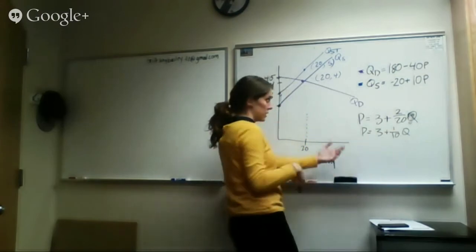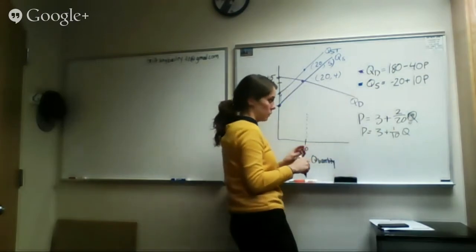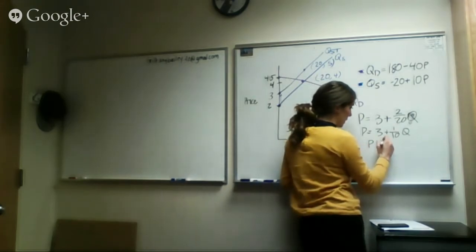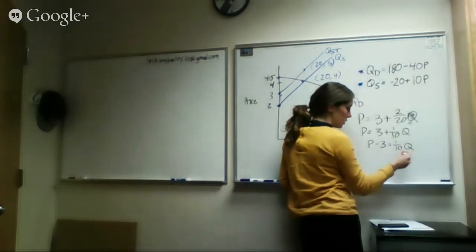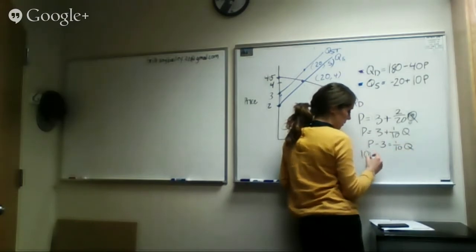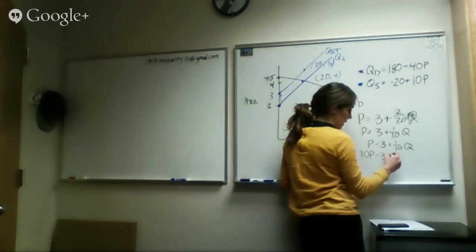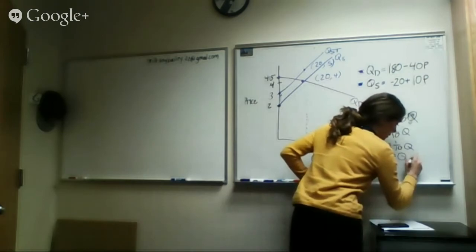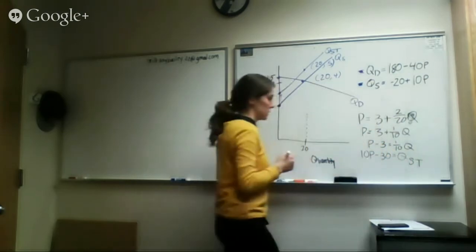If I want to rearrange this so that I can look at it like one of these equations, I can do that. So I'd have p minus 3 equals 1/10 q, multiplied by 10 on both sides, 10p minus 30 equals q. And that is the quantity of supply with tax.